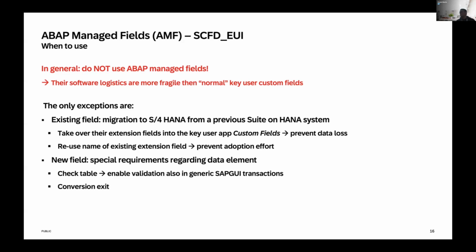So you won't lose your data. This is one big advantage which you have here. And you can just reuse also the name. Normally for key user fields, we have a very strict naming convention, which ensures that there are no name clashes and things like this. In this case, we make an exception to prevent adoption effort on customer side.